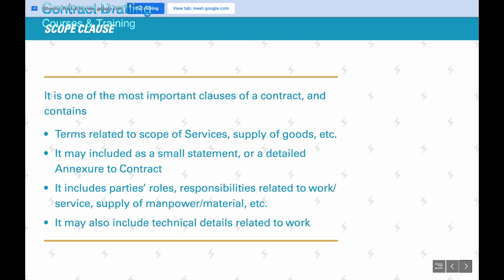It will also include the respective parties' duties, roles, responsibilities relating to the work or supply of services, or let's say supply of manpower or material, and some technical details relating to the work. If it's a construction contract, then there may be information about what materials are going to be used in that construction, what type of specification those construction materials should be of.